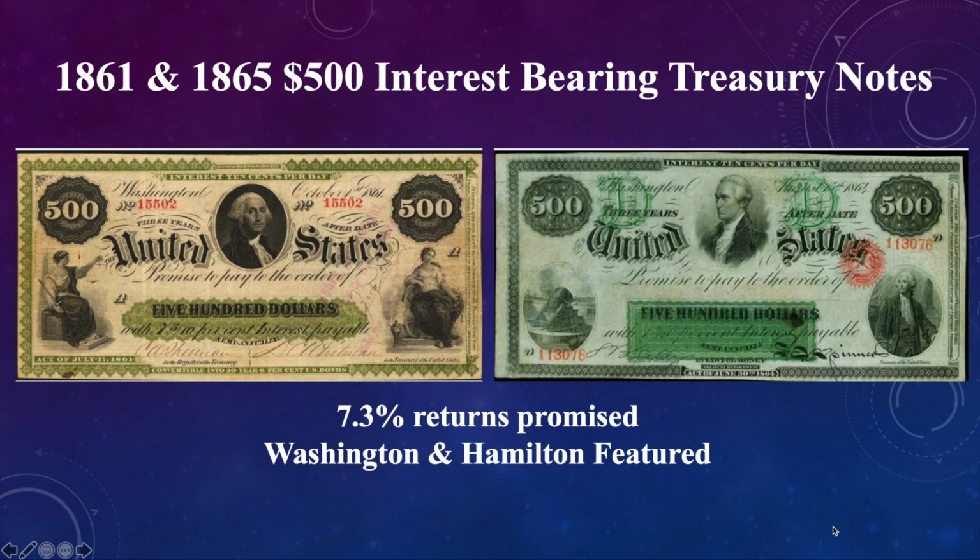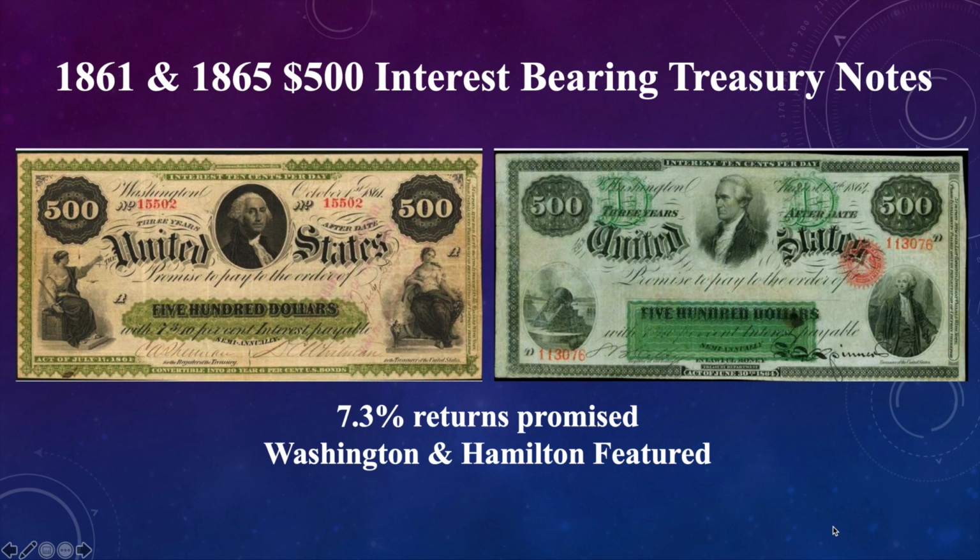All right, so here are the first notes that we're going to be talking about, but one thing that I do want to mention, the first 3 slides, they're notes that are super rare and they have really high values, so I'm not going to spend too much time on them. The first ones are these 1861 and 1865 $500 interest-bearing Treasury notes.